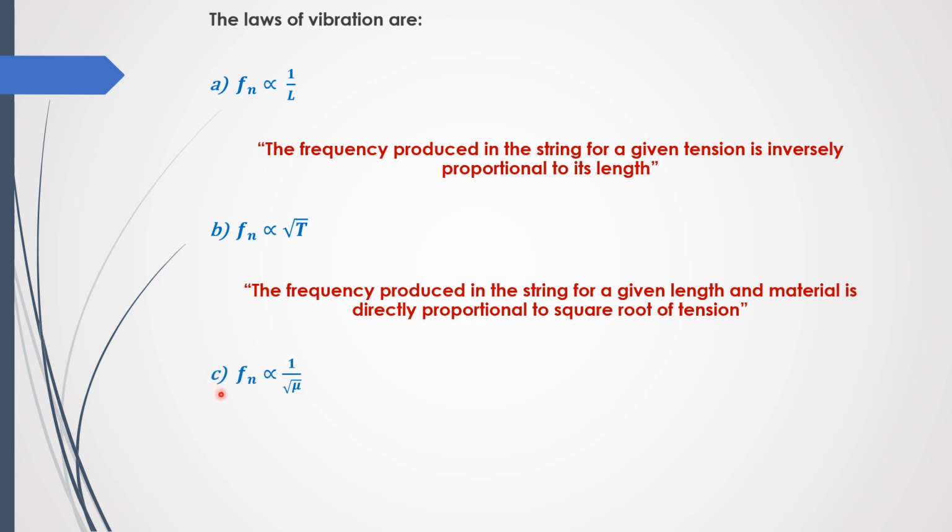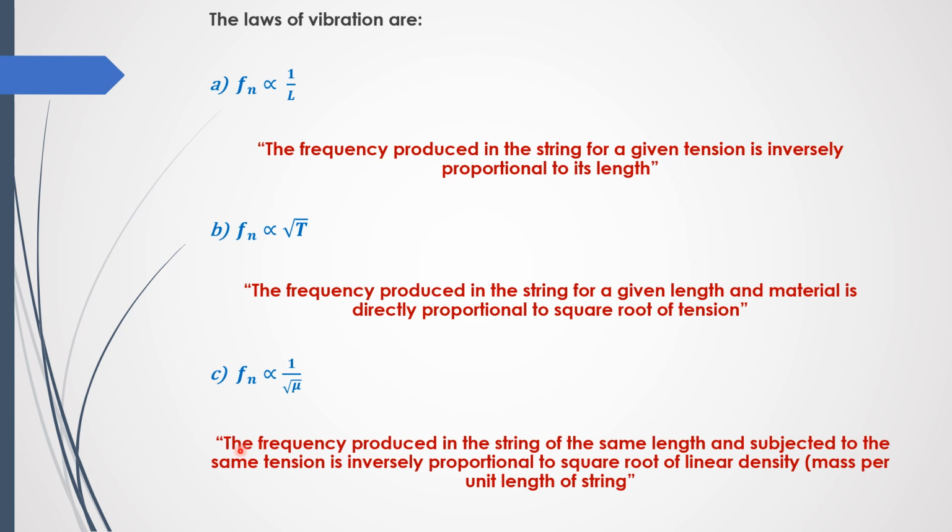The last one is fn proportional to 1 upon the square root of mu, so the frequency produced in a string of the same length and subjected to the same tension is inversely proportional to the square root of linear density, and linear density is mass per unit length of a string.